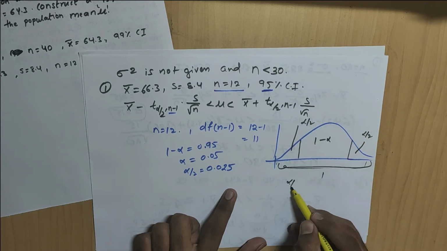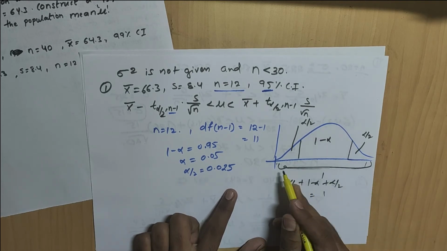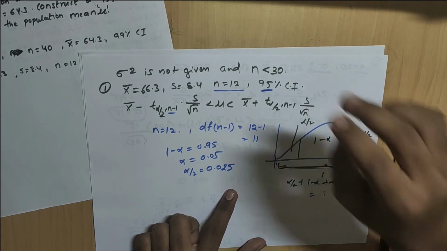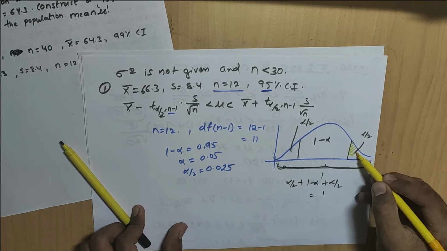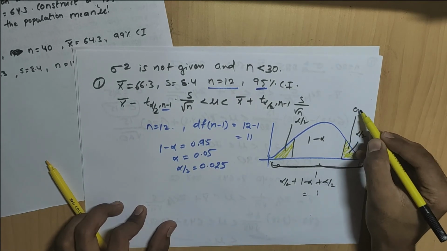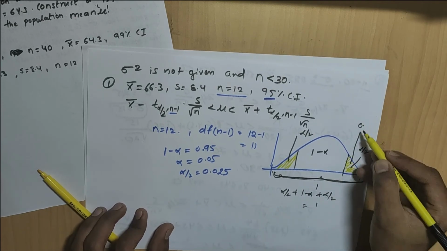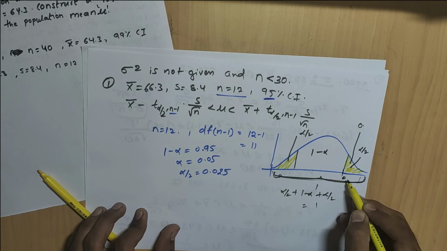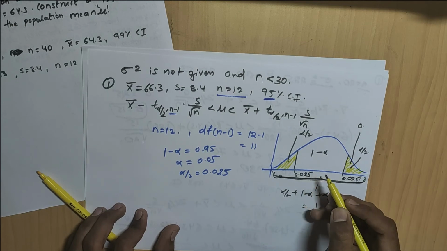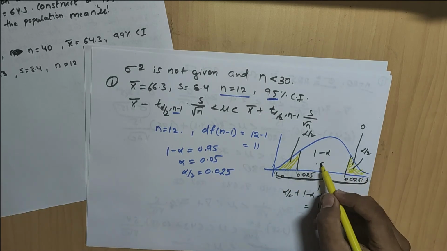If you add alpha by 2 plus 1 minus alpha plus alpha by 2, we get 1. This shaded area is 0.025 on each side, and the remaining middle part is 0.95.